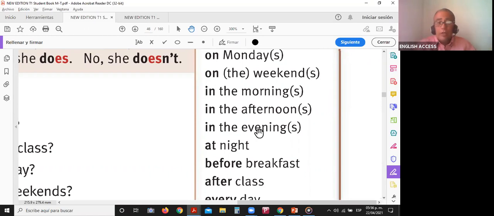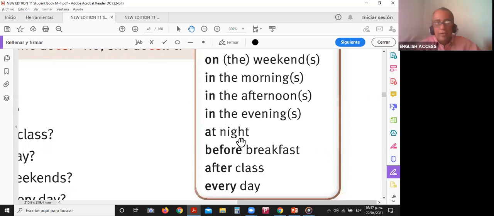For example, if it's almost 6 o'clock, we are in the evening. It's also in the afternoon, but close to the evening. At night, when it's not close, it's dark, no sun, you can see the stars at night.